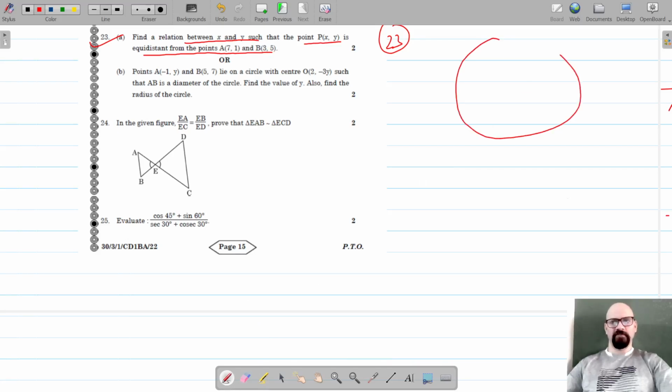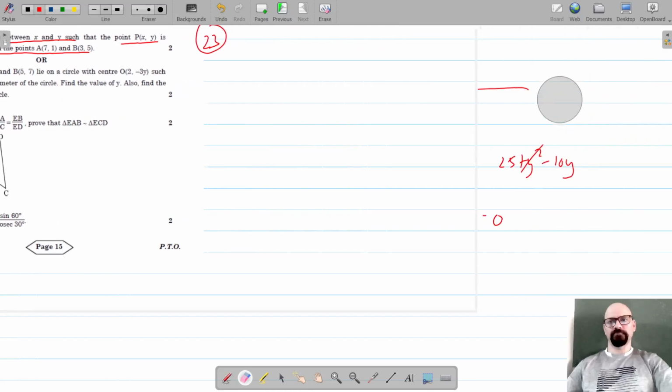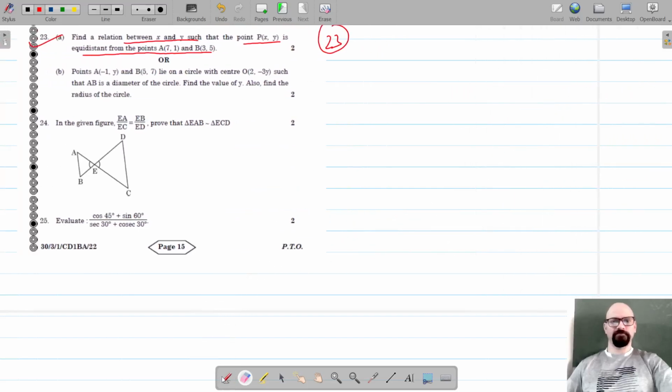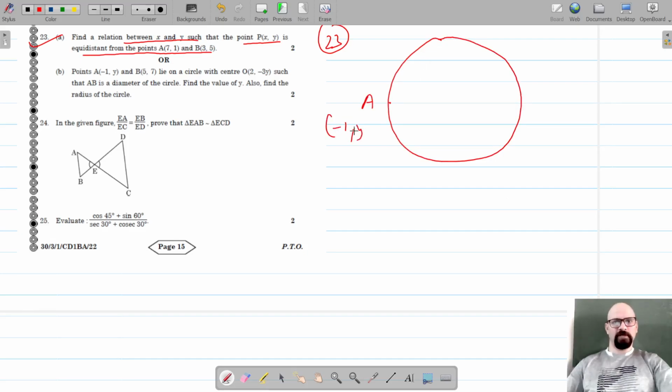So let's say this is the circle with center O. Point A is minus 1 comma y, and point B is 5 comma 7.